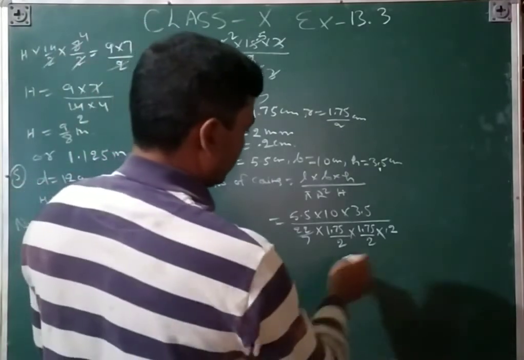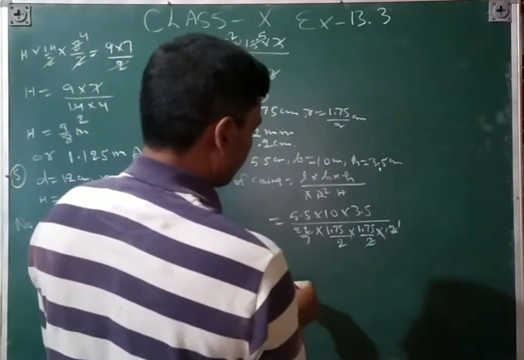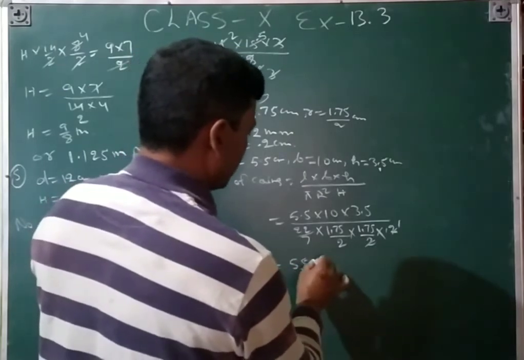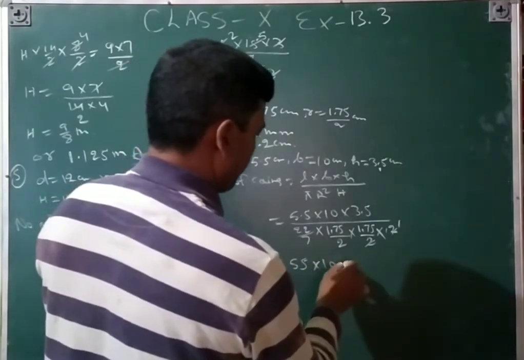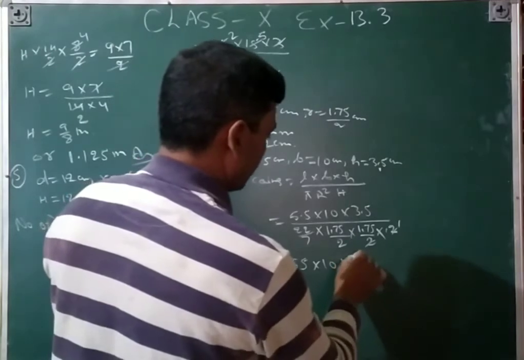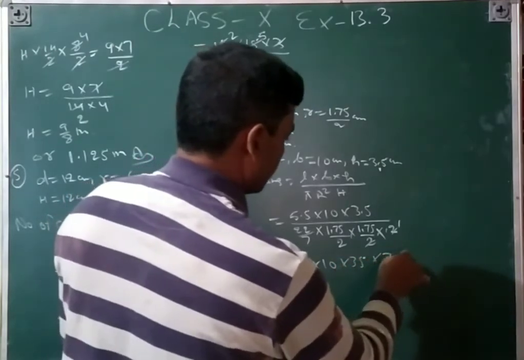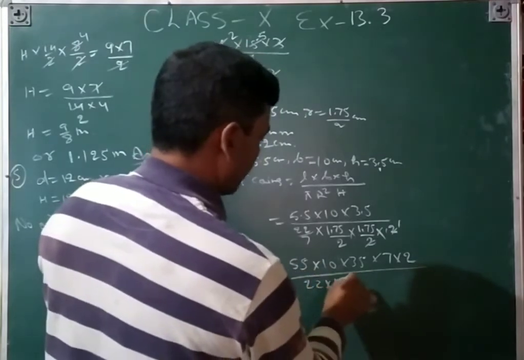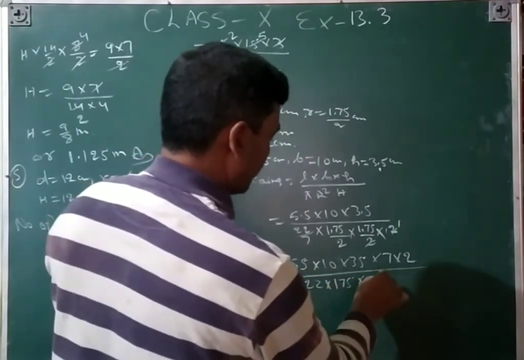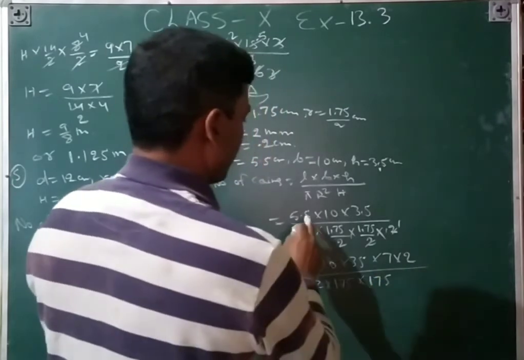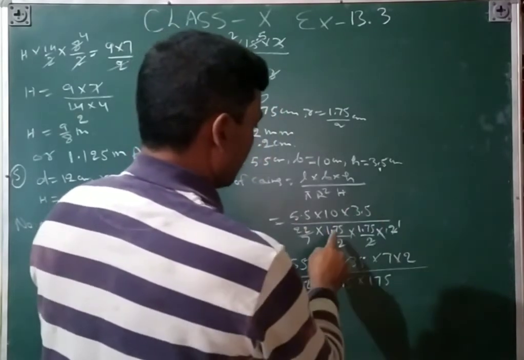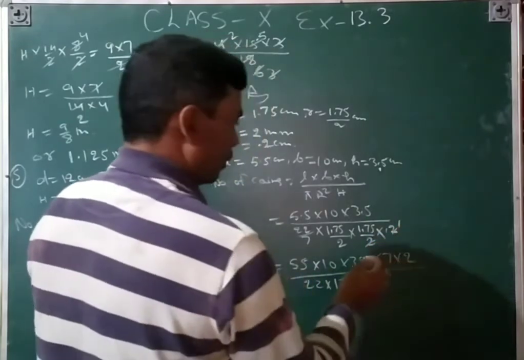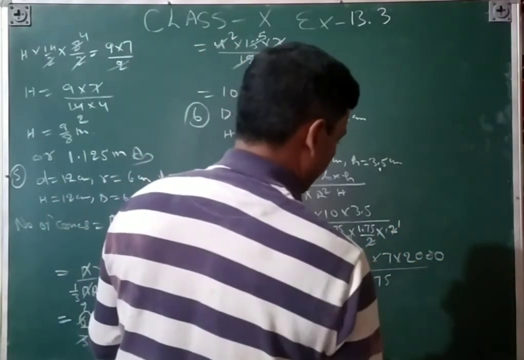Now, after the reduction of decimal we will cancel. 35 multiply 7 multiply 2 upon 22 multiply 175 into 175. Now after decimal, here are 2 digits, here 1 2 3 4 5 digits, so 3 zeros we will place here.